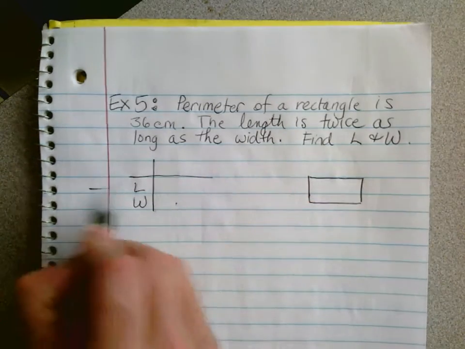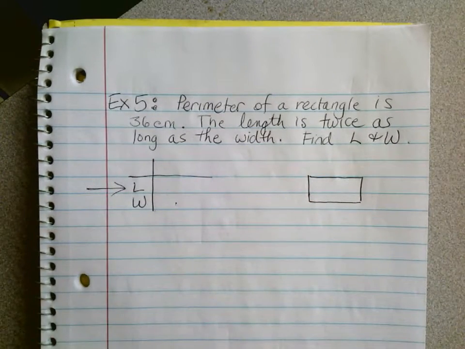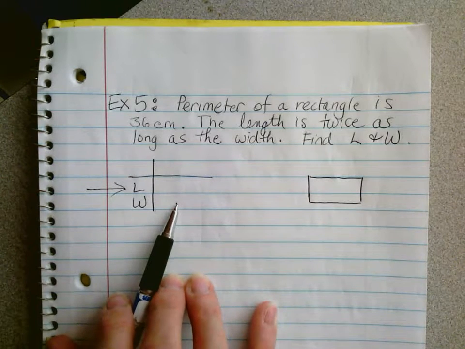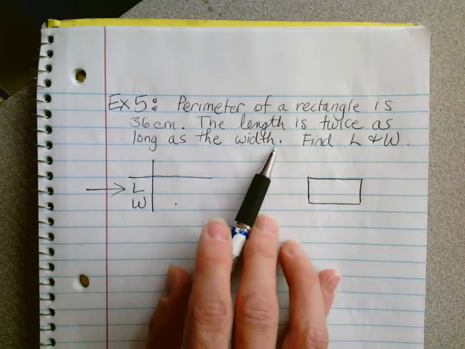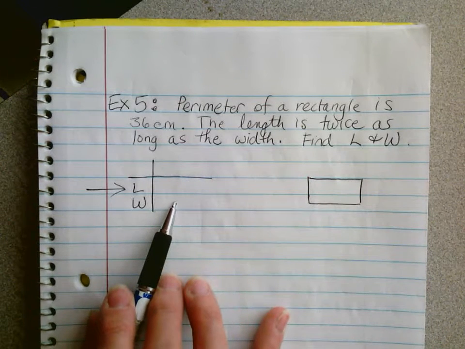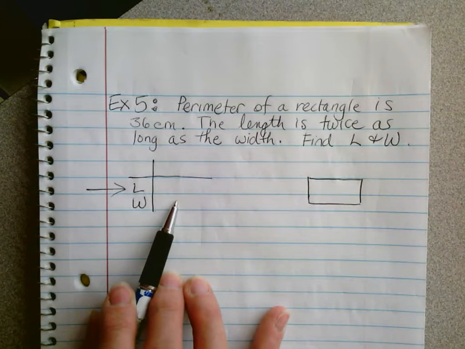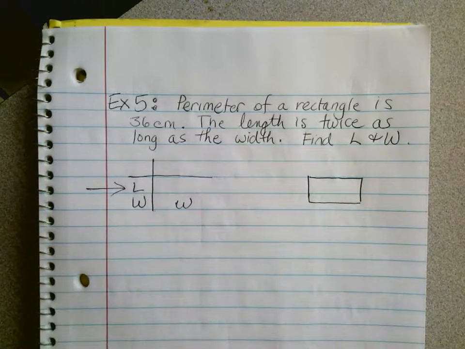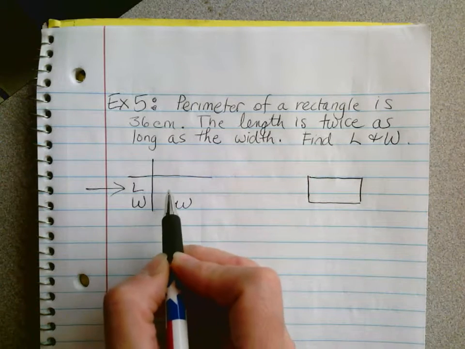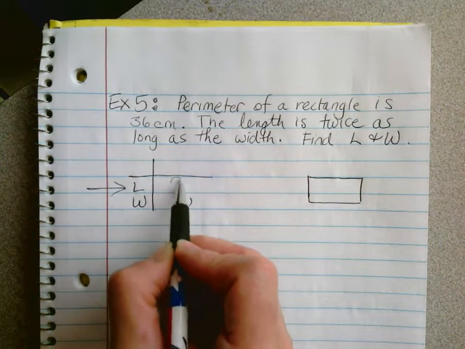The length is double the width. How will I describe width? What did you guys say? I heard somebody say the answer. W. What do we know about length? So how would you indicate twice the width? There you go.